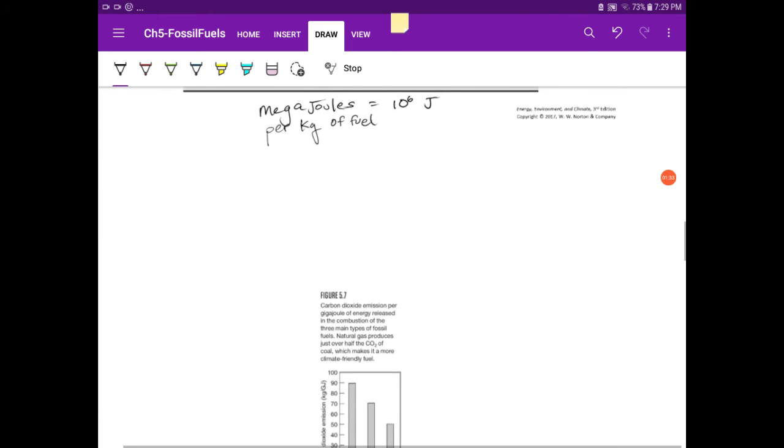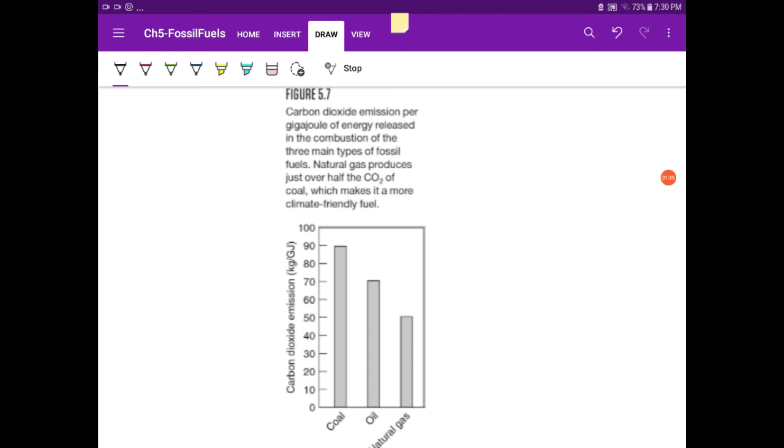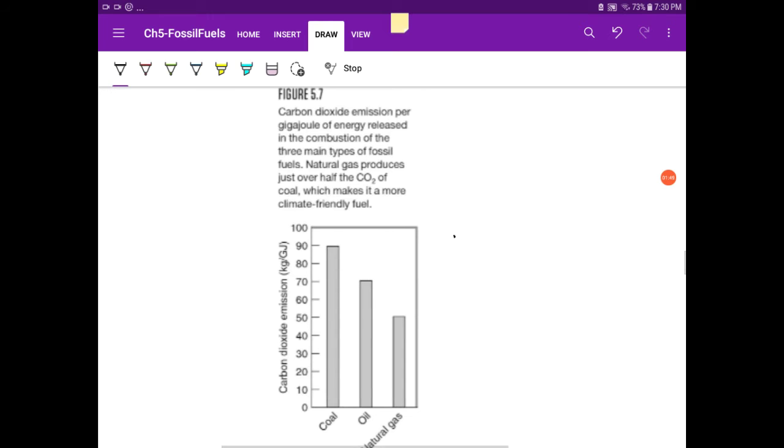So in Chapter 5, Figure 5.7 shows us how much carbon dioxide is emitted in number of kilograms per gigajoule of fuel. So a gigajoule here, just so we remember, giga is 10 to the 9, or a billion joules. Okay, so in this figure, this says that we will get 90 kilograms of carbon dioxide for every gigajoule of energy from coal.